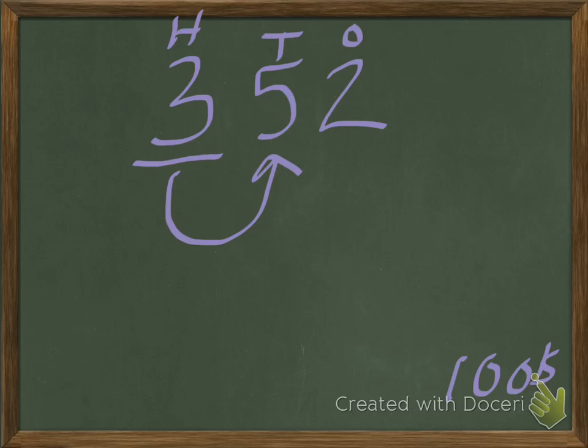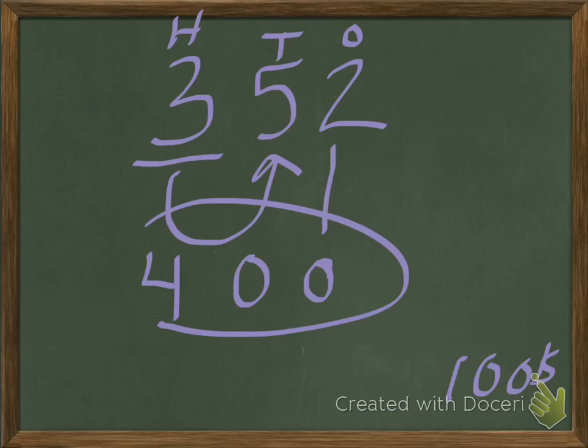Yes, it is. So what do you do to the 3? You move up to the next number, which is 4, and then instead of the 5, you turn that into a 0, and you do the same thing to the 2, you turn that into a 0. So our answer is 400.